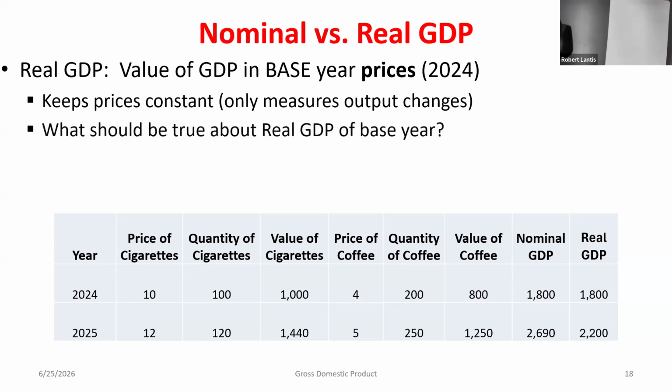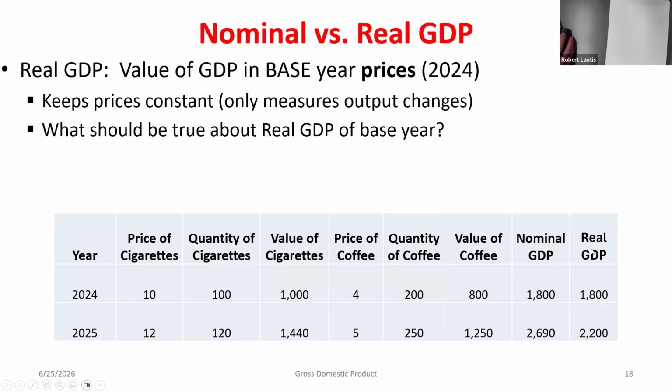So what would be true about real GDP in the base year? It's always going to be the exact same as nominal GDP. And then we'll see examples where if prices go up, that means that our nominal GDP will always be larger, but not necessarily our real GDP. We'll see why in a second here.